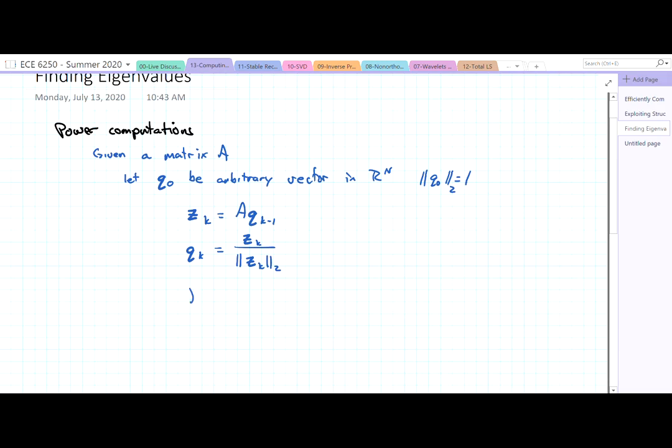And then gamma k will be equal to qk transpose A qk. And then we'll iterate for k equals 1, 2, and so forth.